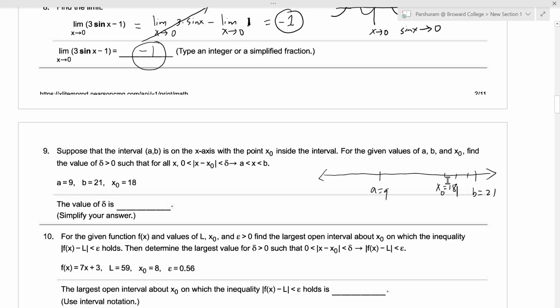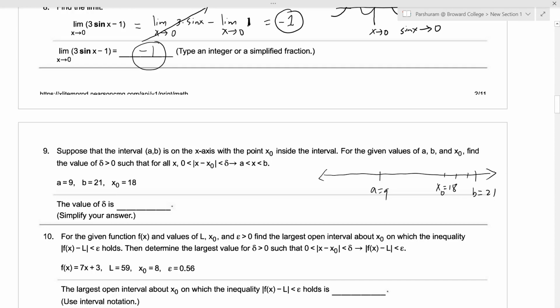So if I choose, for example, from x0 to A, the difference is 9. If I choose delta as 9 and create that boundary around x0, then 9 from 18 is 27, which is beyond 21.